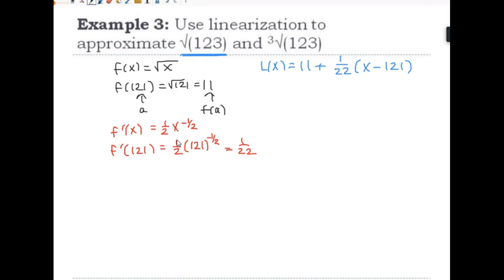So that means my linear approximation equation is 11 plus 1/22 times x minus 121. And now I can use that to approximate 123.